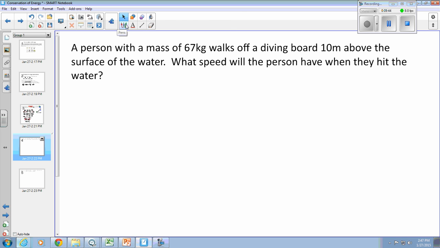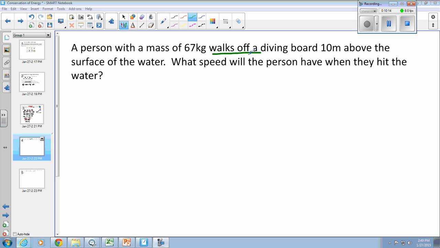So we're assuming that our initial velocity in this case is 0 because he's walking off the diving board. What makes that nice, the fact that the velocity is 0, is that our initial kinetic energy is 0, because kinetic energy is mass times velocity squared over 2.